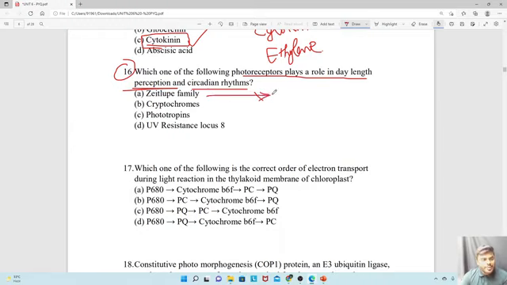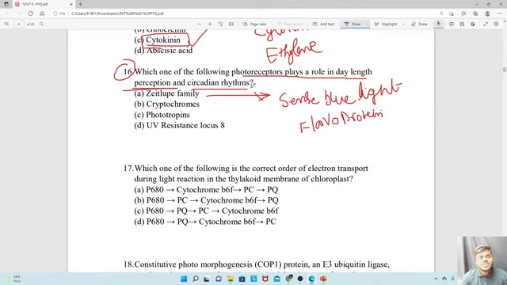The Jet loop family is a type of protein which can sense blue light, a flavoprotein. Okay, no problem. Whoever got it wrong, remember, the Jet loop is a blue light sensing flavoprotein which is involved in maintenance of the circadian rhythms in the plant body by maintaining day length perception.